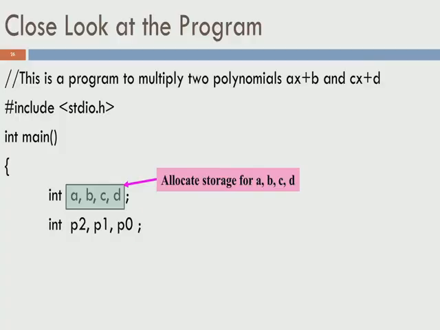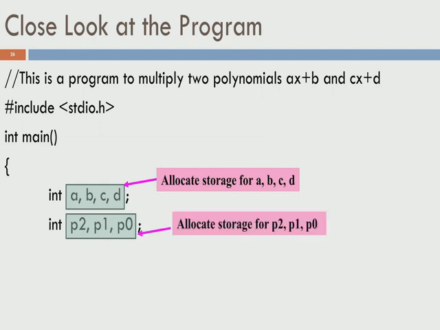So you have a, b, c, d and you have p2, p1, p0. When you have int a, b, c, d, it actually allocates storage for a, b, c and d, because once you read it from the user you have to save it somewhere. And when you have p2, p1, p0, again you allocate the storage for p2, p1, p0.